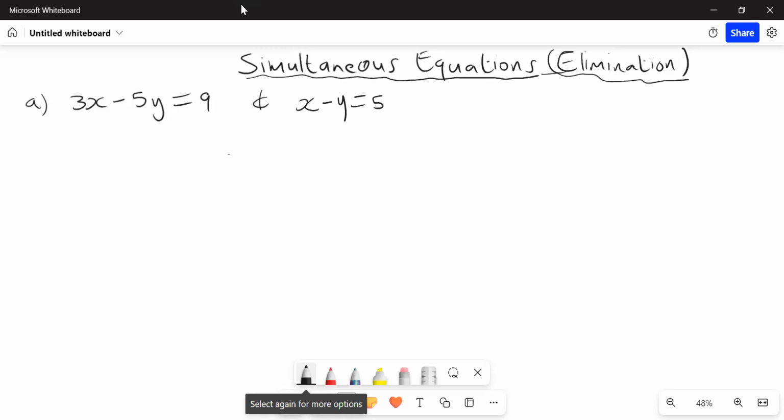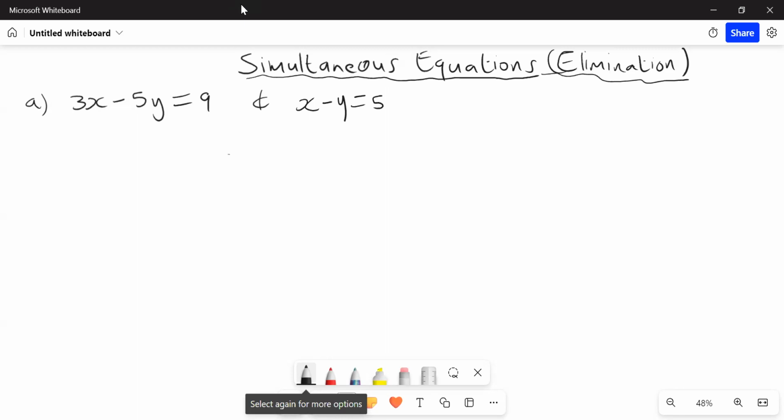Our topic today is simultaneous equations. Basically, guys, we're focusing on simultaneous equations, which are divided into two: solving simultaneous equations using the elimination method, and solving simultaneous equations using the substitution method.